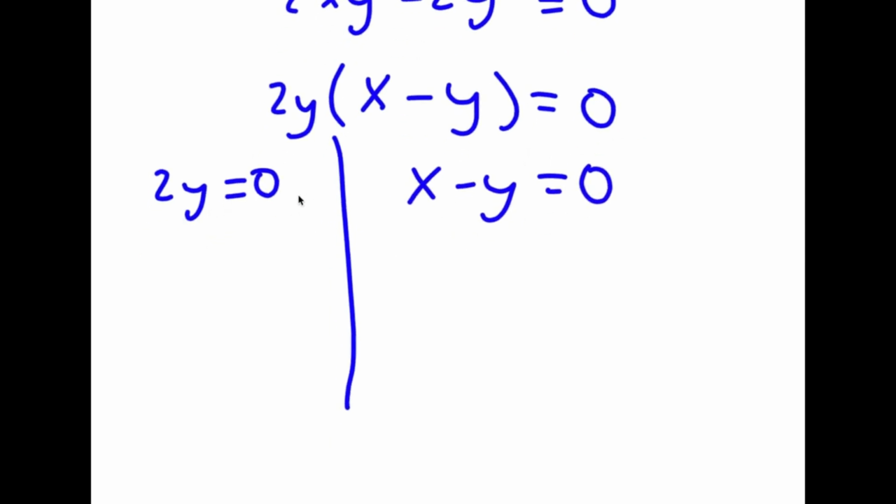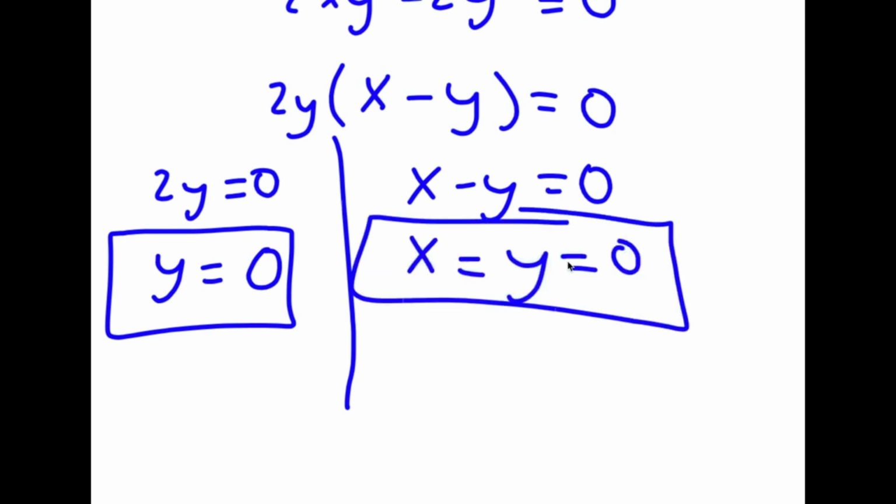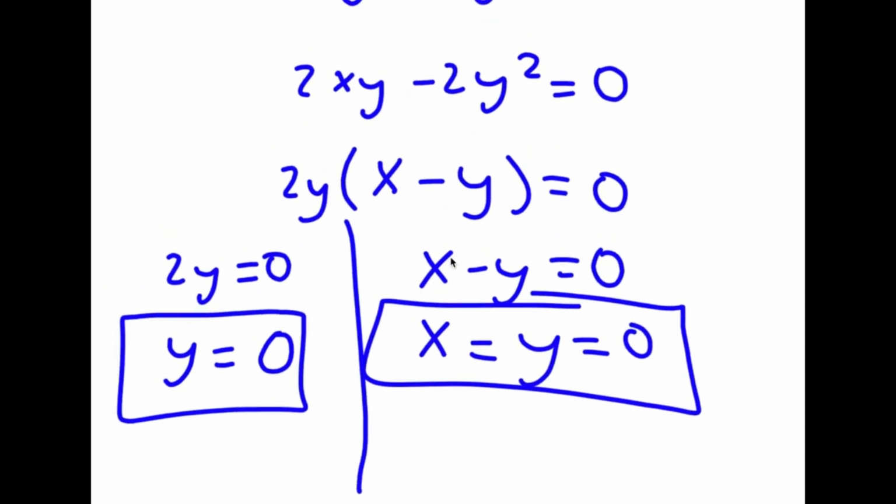So for 2y equals 0, this means that y is equal to 0. And if x minus y equals 0, this means that x is equal to y, and remember y equals 0, so x is also equal to 0. So both of these variables are equal to 0.